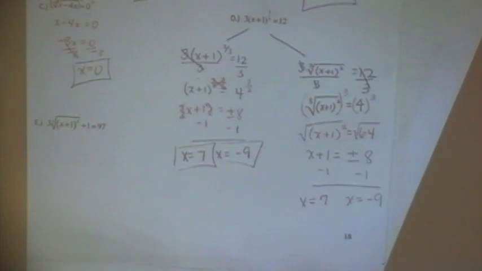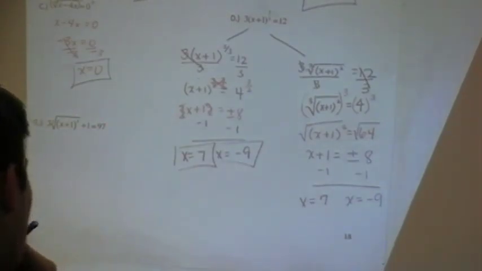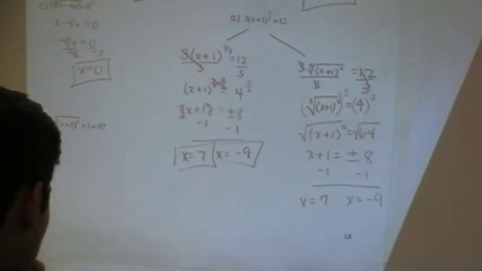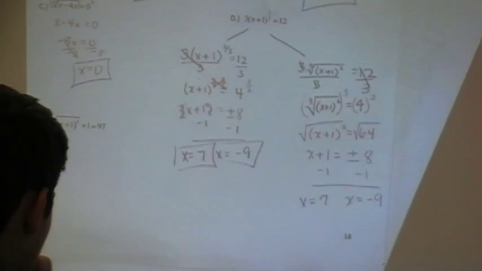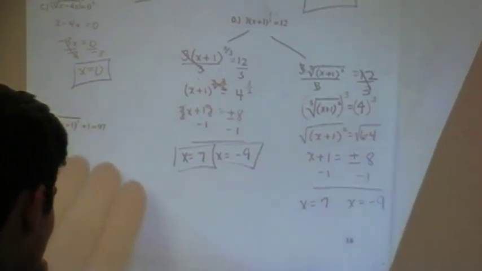Okay, real quick because it kind of came up a second ago. When you take a square root, there are 2 answers always. But when you take a cube root, there's not. There's only 1. Let me show you why. Let's do 64 because it's a perfect square and a perfect cube.